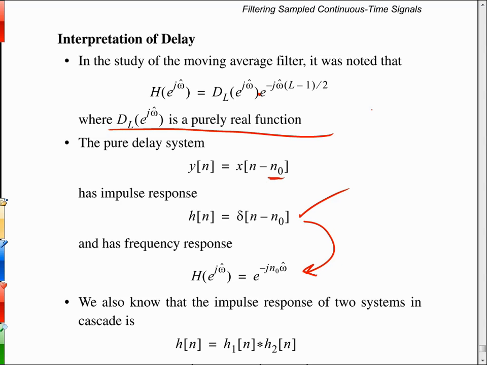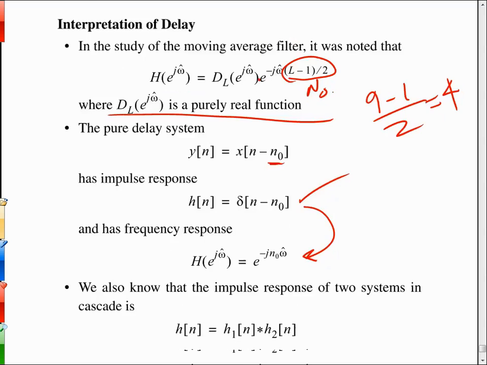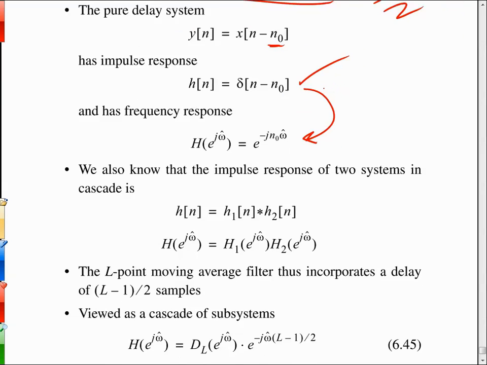So guess what 9 minus 1 over 2 is? It's 4. That's because this is the n0 value for this particular type of filter. So that's why it introduces a mean delay of (L minus 1) over 2.